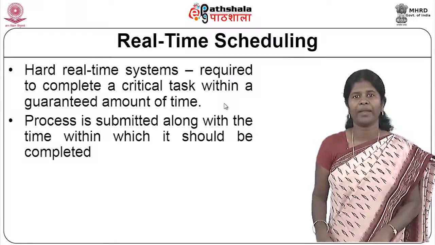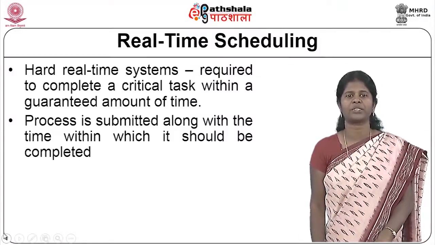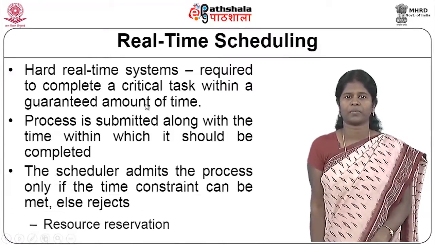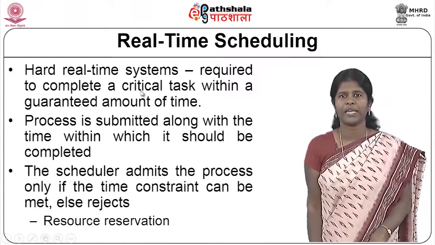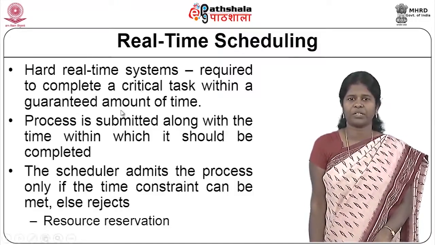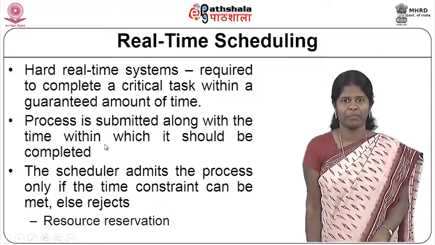And now, with this deadline in mind, the system has to decide whether the process can be admitted or not. Based on the time constraint, the scheduler will decide whether the process can be admitted.